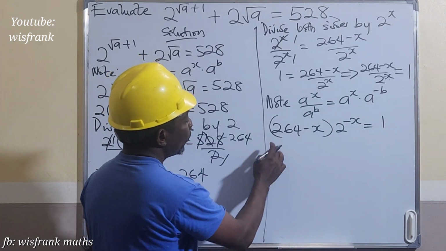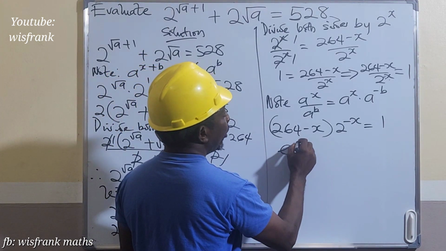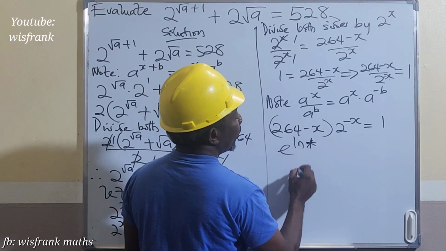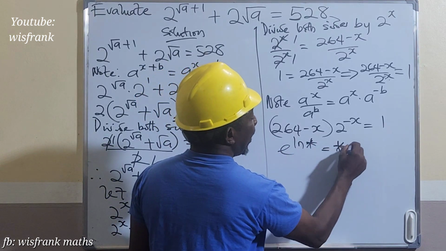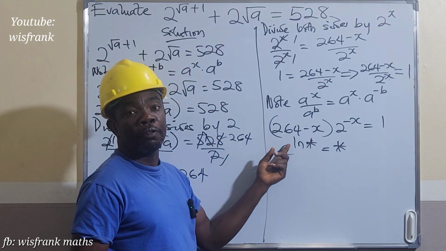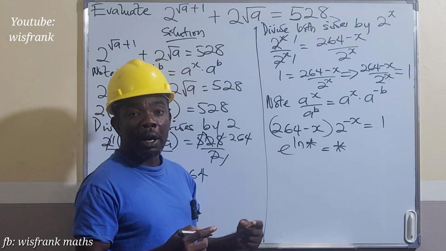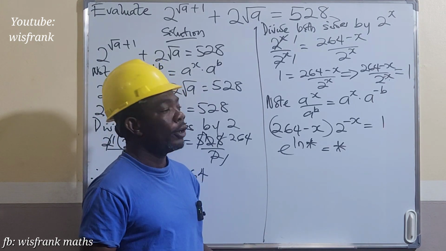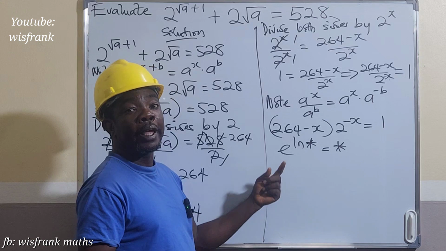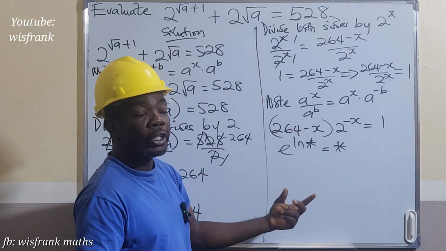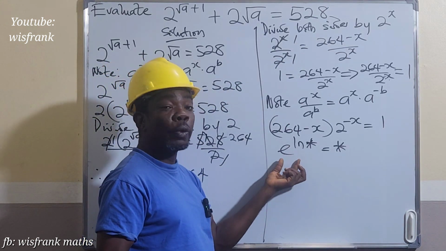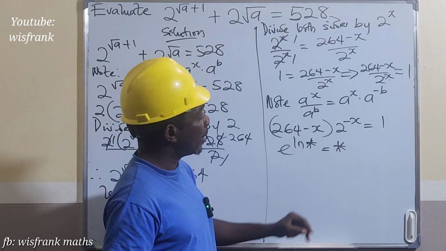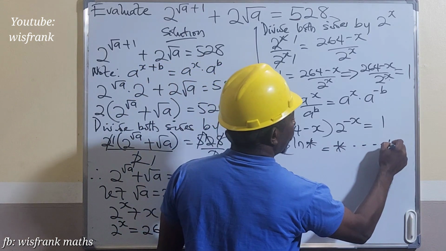These rules are: when we have e to the power of ln of star, it is the same thing as star. Anything that we have as an exponent to the power of ln of that thing becomes that thing. So that is the first one. We call it equation 1.